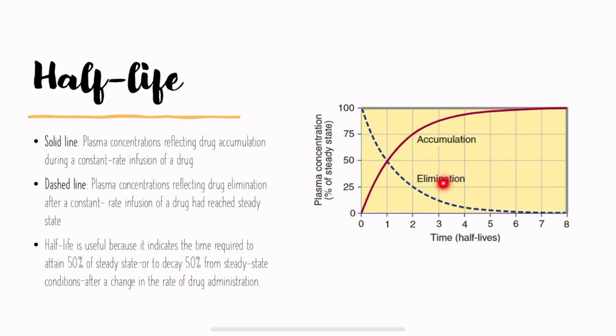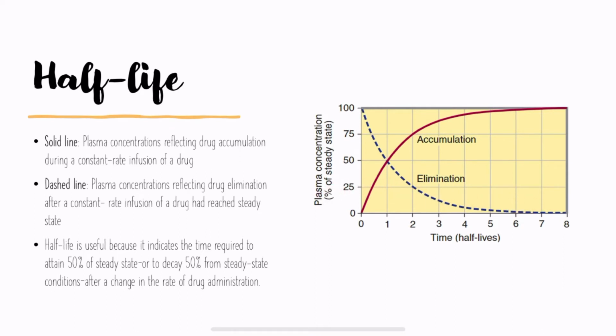The solid line shows plasma concentrations reflecting drug accumulation during a constant infusion of a drug. The dashed line shows plasma concentrations reflecting drug elimination after a constant rate infusion of a drug that had reached a steady state.